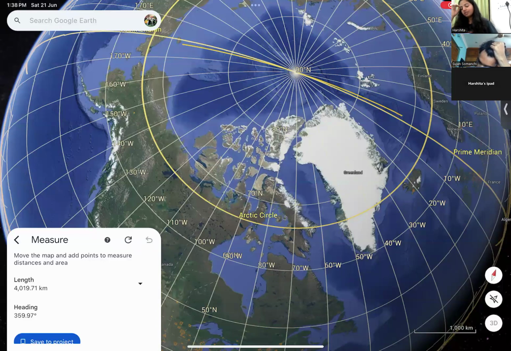The question is, what is the shortest distance possible between point A and B? 72 degrees north, 117 degrees 30 minutes east, and 72 degrees north, 2 degrees 30 minutes west.